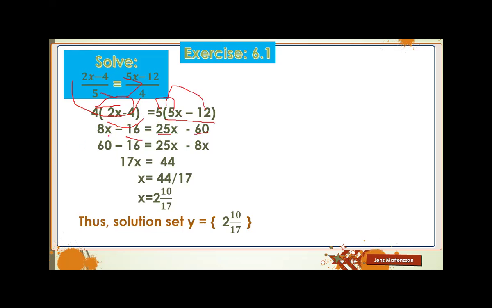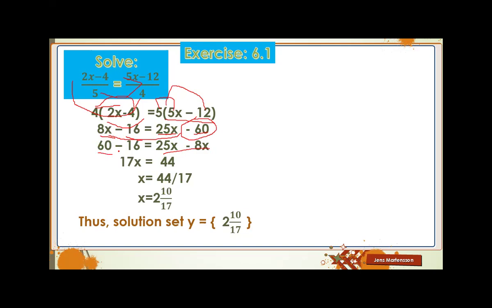Now in this step we can see that 8x is written over here and 25x is written over here. When this 8x moves towards the right hand side, it becomes 25x minus 8x, like this. Now minus 60 is written over here. When it moves to the left hand side, it becomes plus 60.